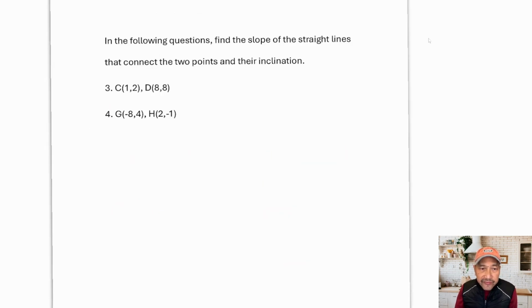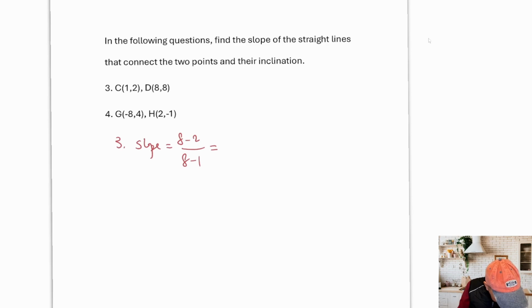In questions 3 and 4, find the slope of the straight lines that connect the 2 points and their inclinations. Now we are given 2 points, so to find the slope, we can use the formula y2 minus y1 over x2 minus x1.